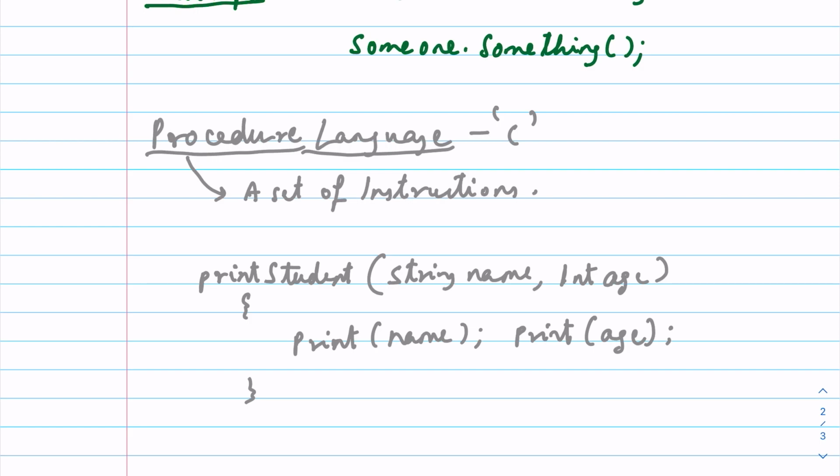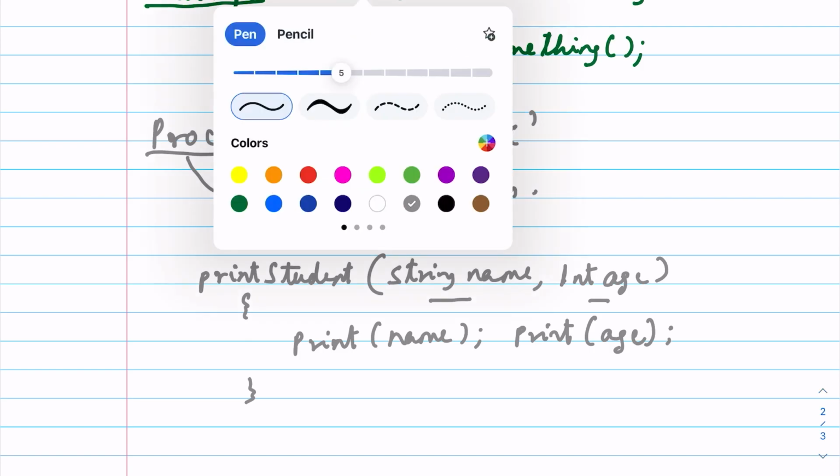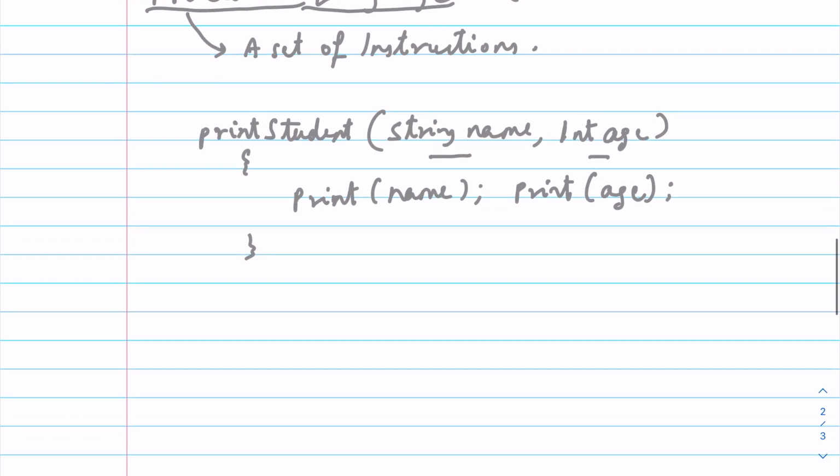So instead of passing arguments name and age here, in that kind of language there was something called a struct. And this looks similar to a class.